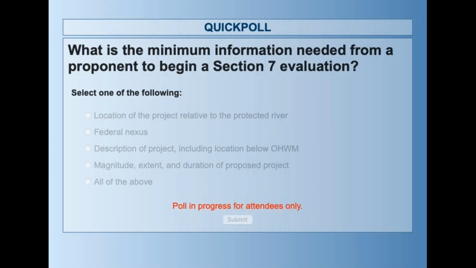Is it the location of the project relative to the protected river? Whether or not there's a federal nexus? A need to describe the project, including its location in relation to ordinary high water? The magnitude, extent, and duration of the project, or all of the above?